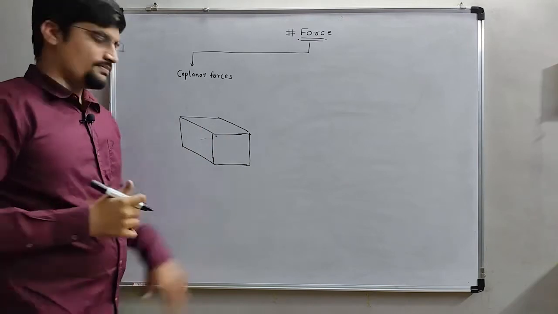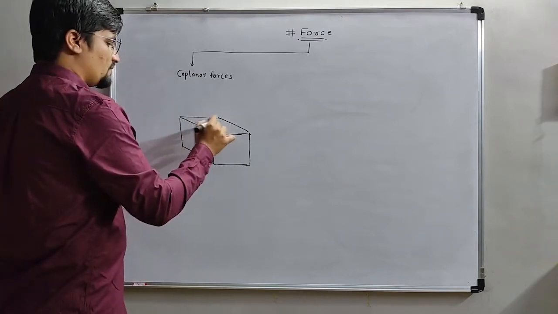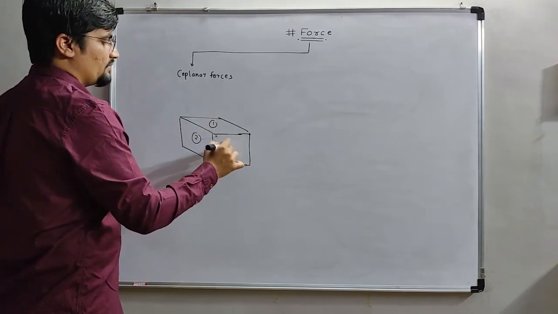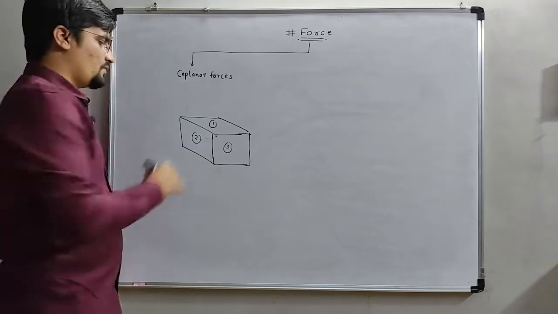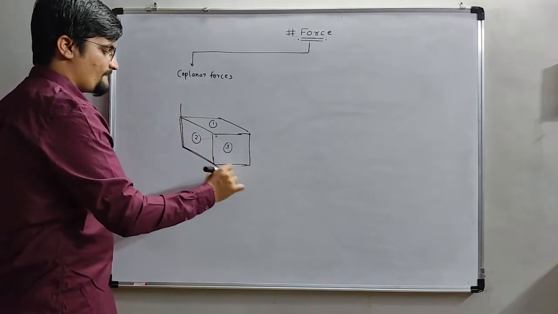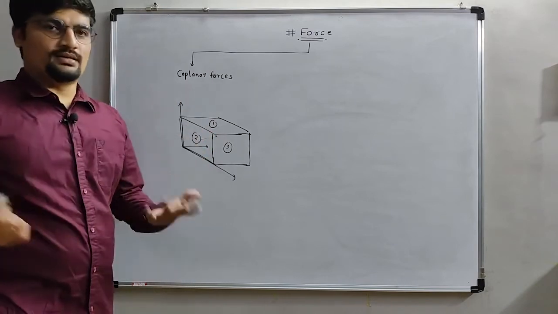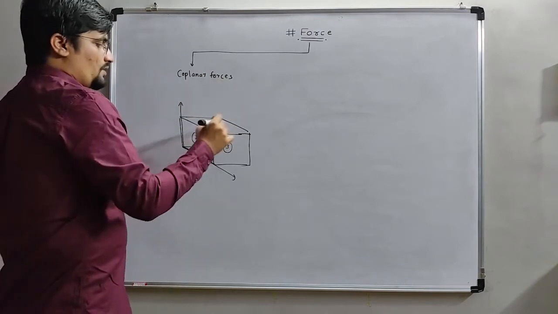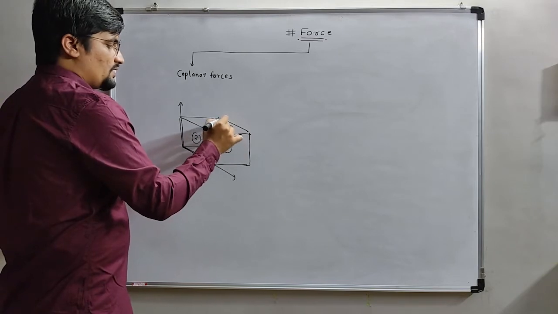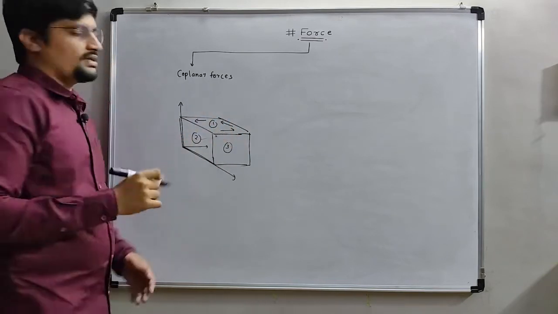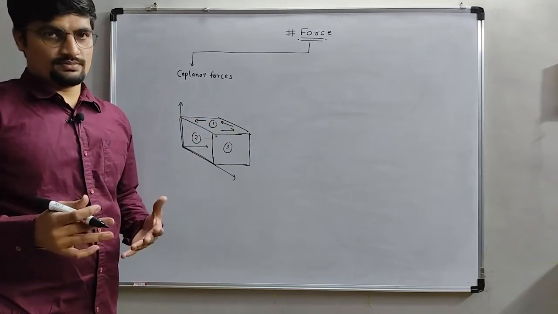There are three planes: the first one is here, the second one is here, and the third one is here, horizontal, vertical. These are the planes, x, y, and z. The forces which occur in this plane only are considered coplanar forces.